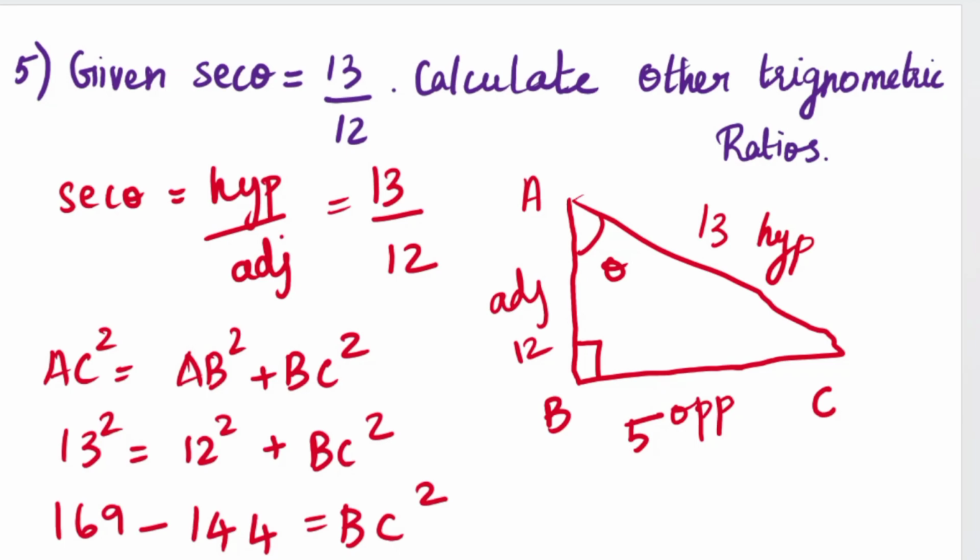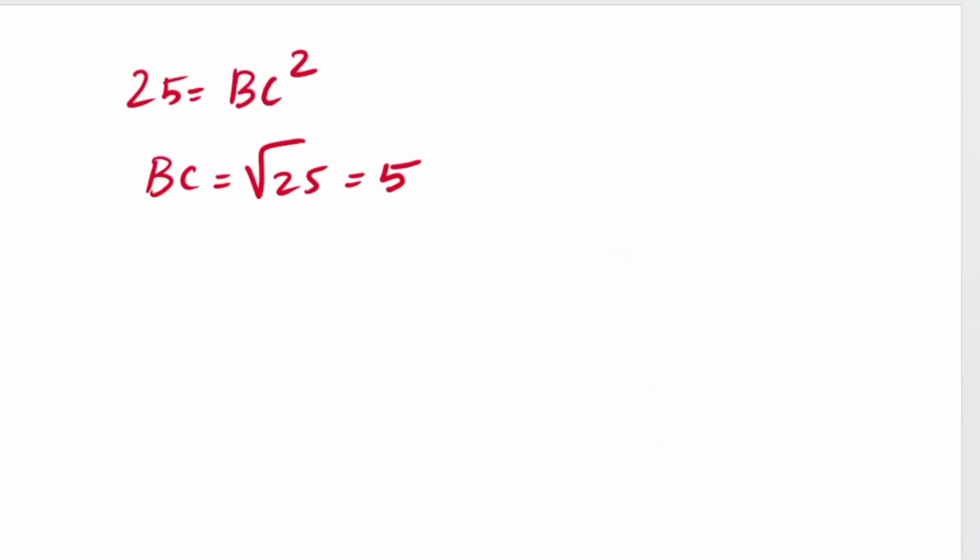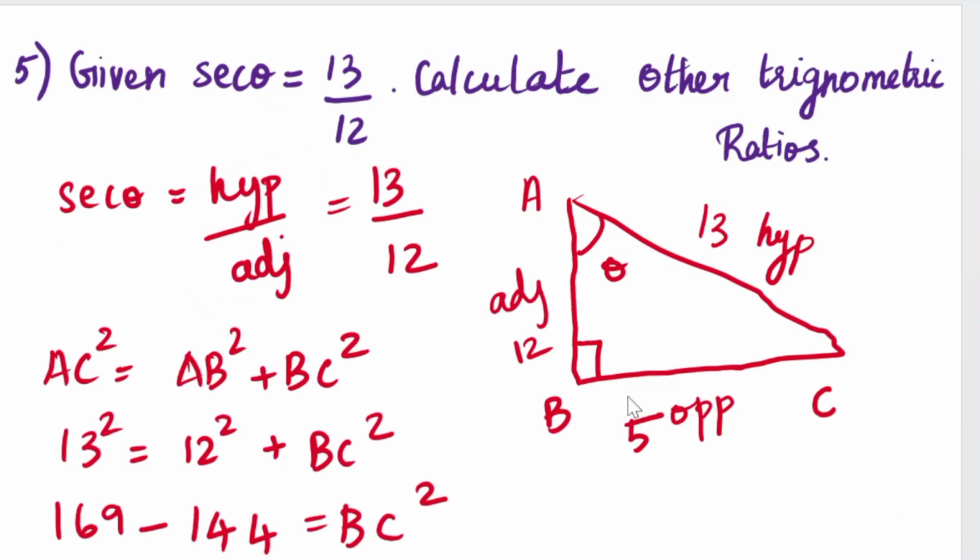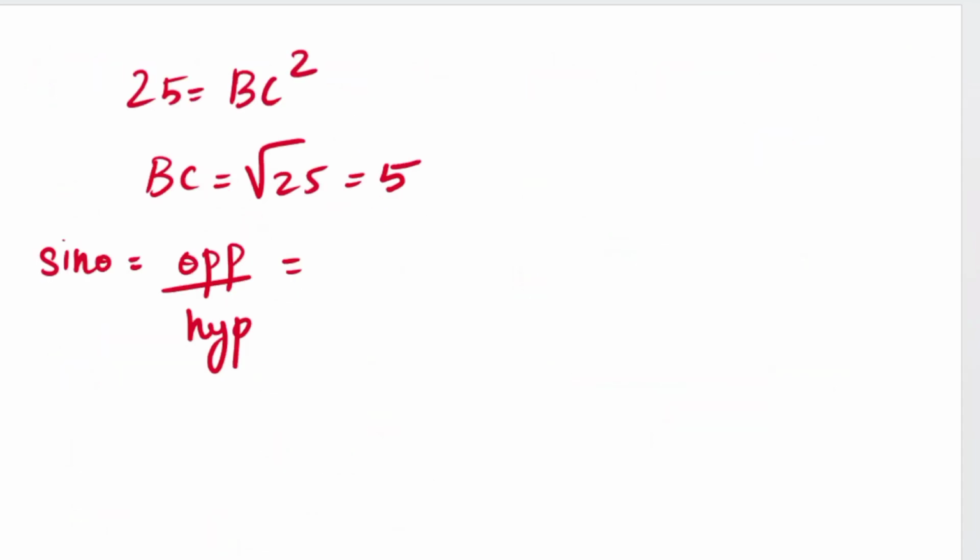Now what is given? Calculate the other trigonometric ratios. So first from sine we'll start. Sine theta is equal to opposite side by hypotenuse. Which is the opposite side here? It's BC. Hypotenuse is AC. That means 5 by 13.